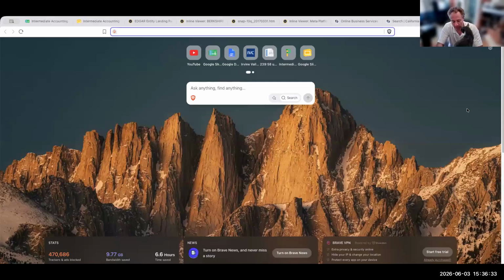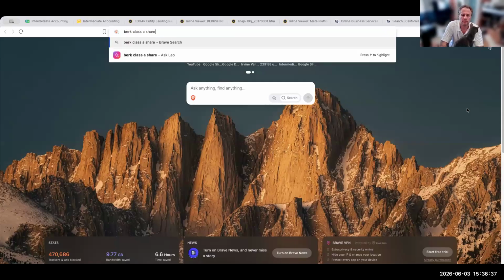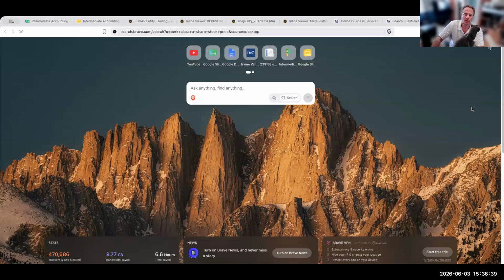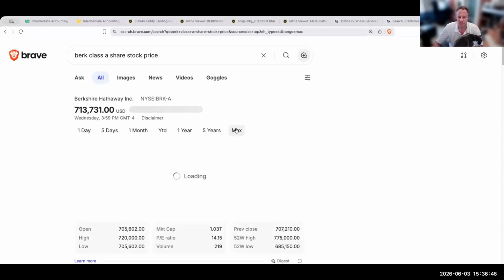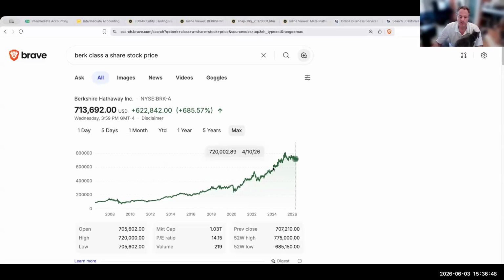Well, if you look at Berkshire Hathaway, you're basically going to see a value of $713,000. Now, why is that $713,000? It is because the company has never, ever done a stock split. They've never split their shares. And so the value of this thing goes up and up and up.